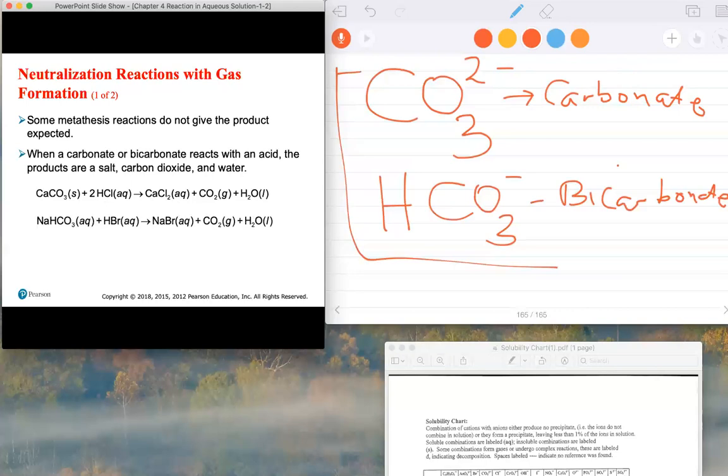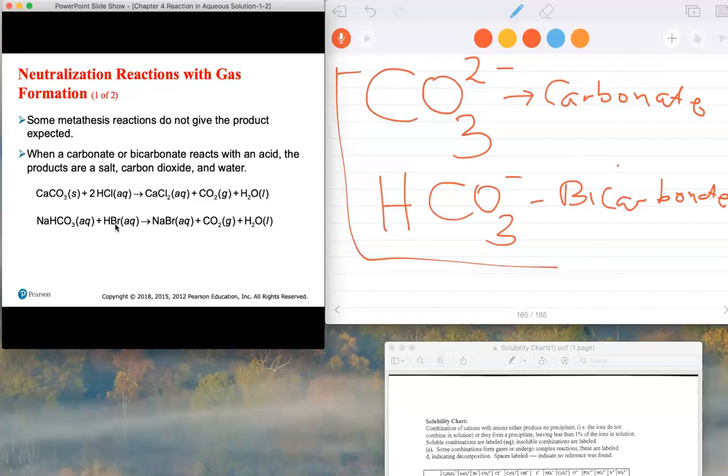I've also seen that before, that you are asked to find the net ionic equation for an acid-base neutralization involving those reactions that produce gas, or gas forming reactions. This is bicarbonate, sodium hydrogen carbonate, reacting with hydrogen bromide.